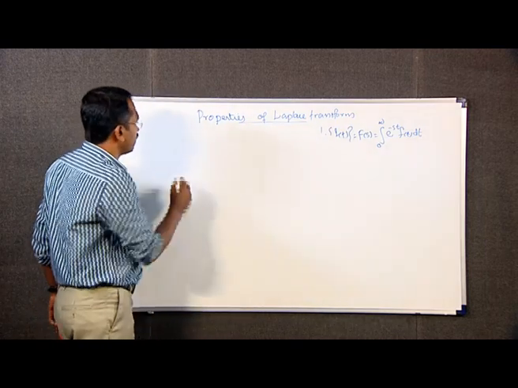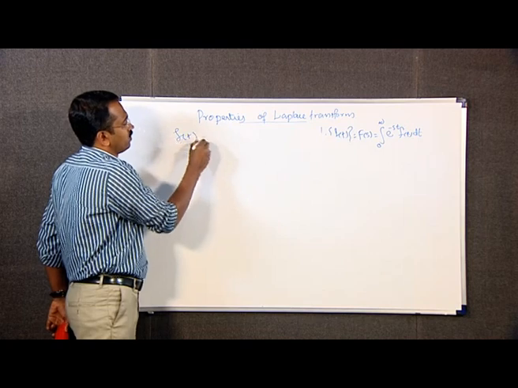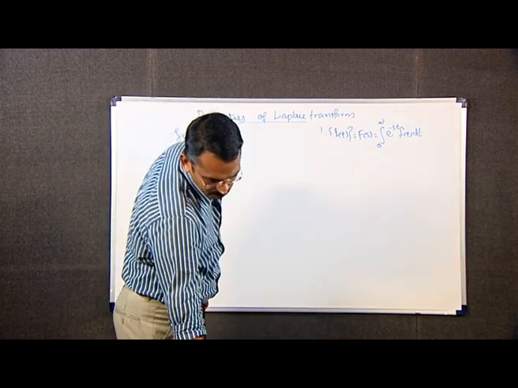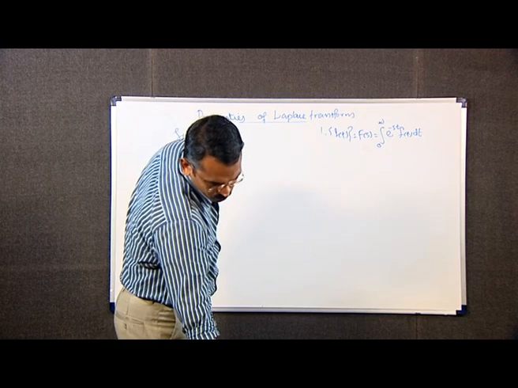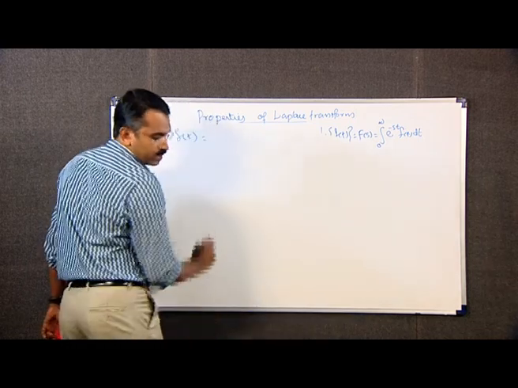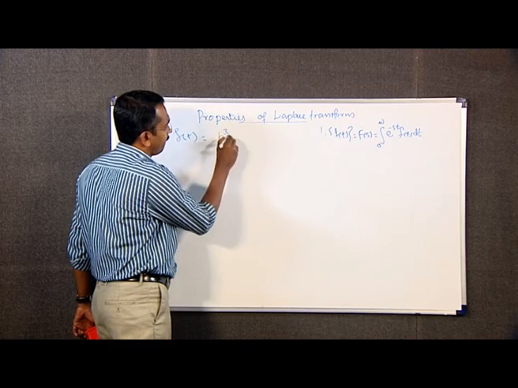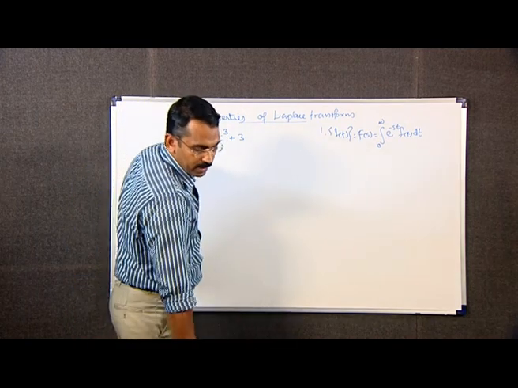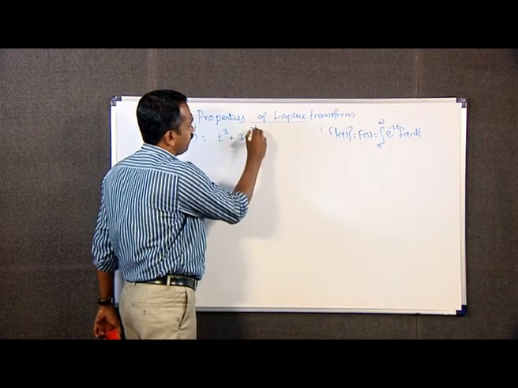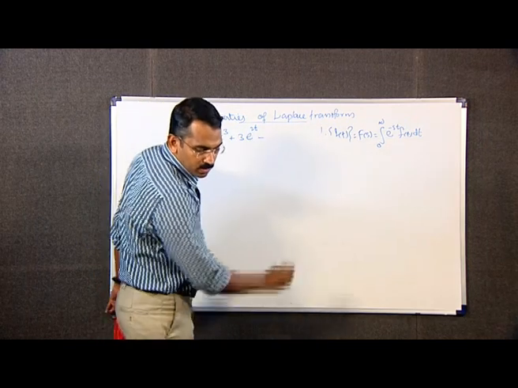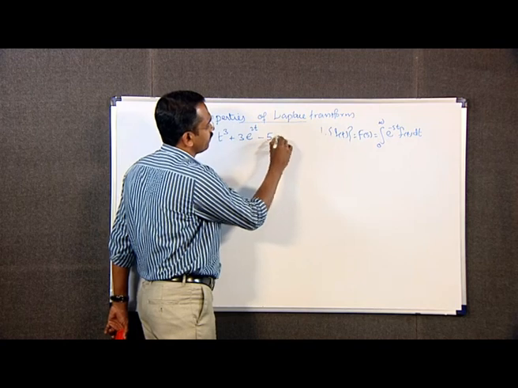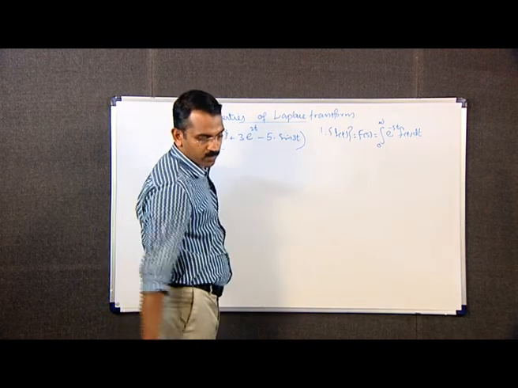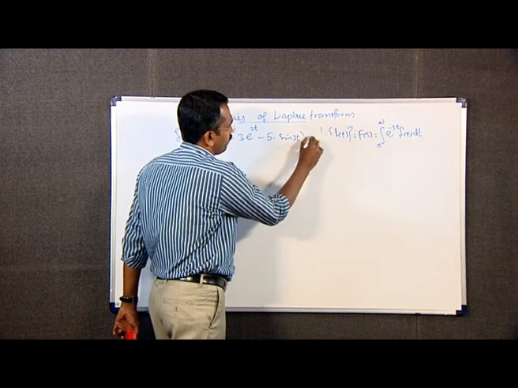Consider this example. Consider the function f of t equal to t cube plus 3 e raised to 2t minus 5 sin 3t, into e raised to minus t.